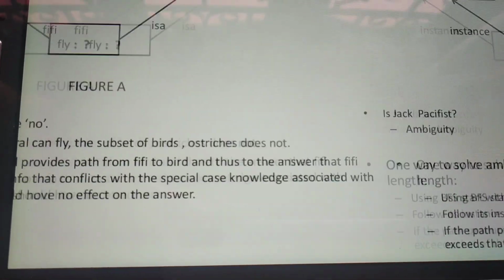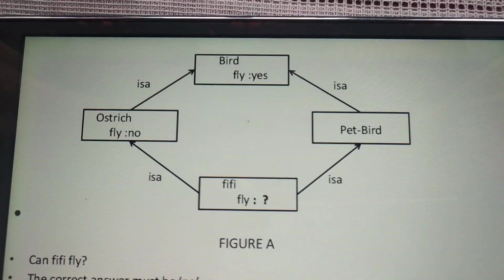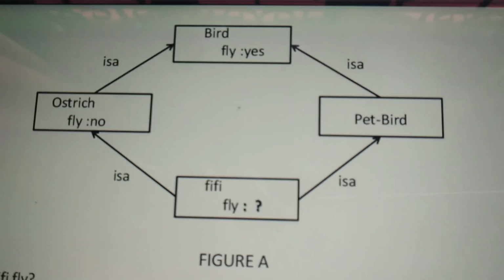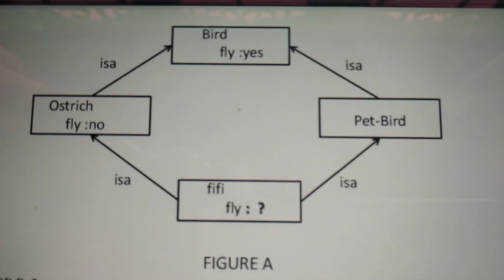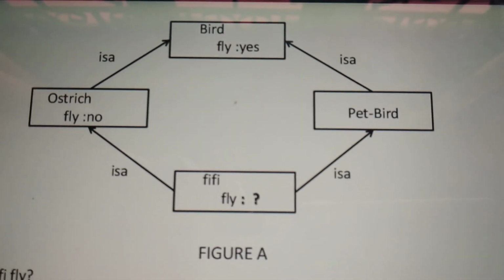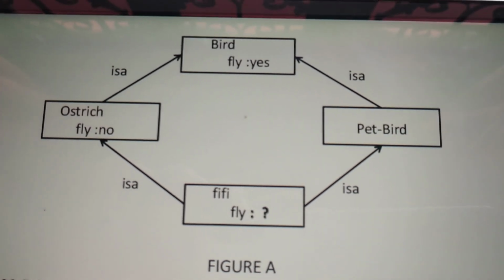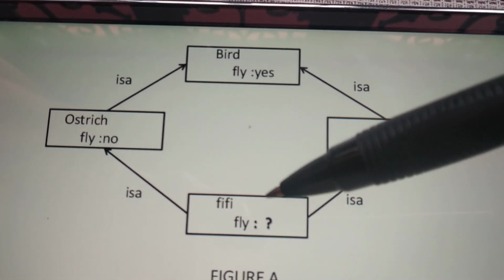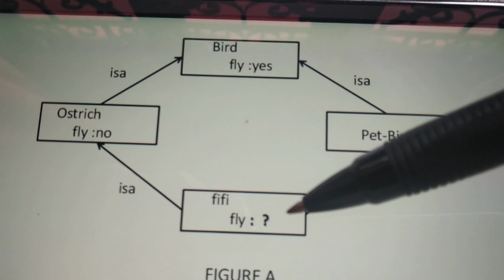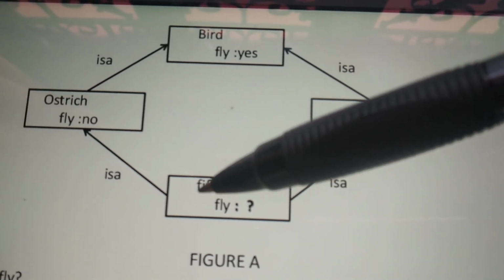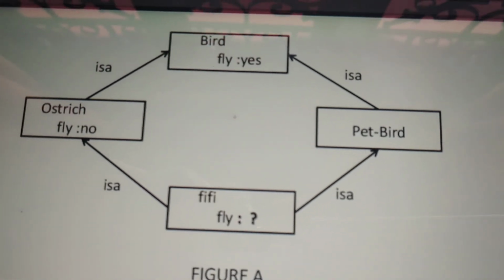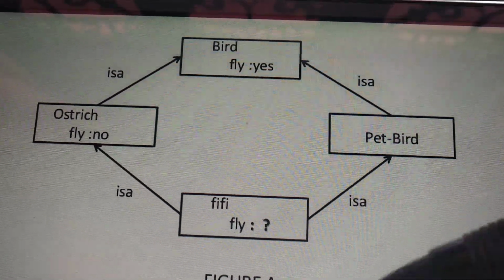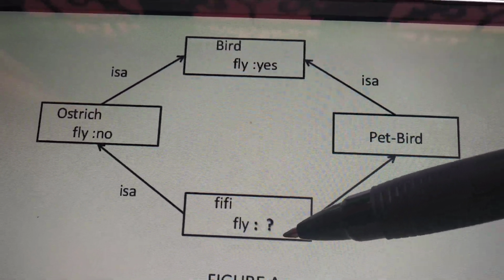You just go to the previous figure, and now using this new inheritance algorithm that we have just defined, let us try to figure out what is the correct answer we get for this figure. What it says is, using the breadth first search algorithm, start with the node whose value is supposed to be determined.